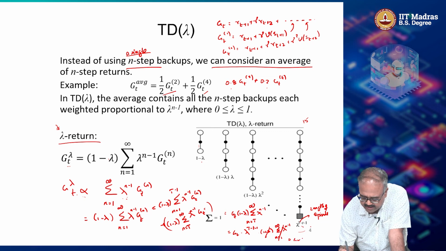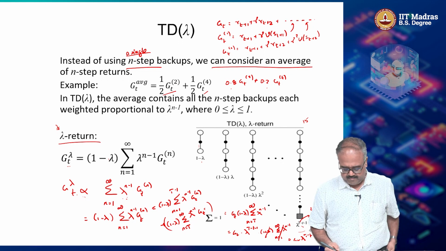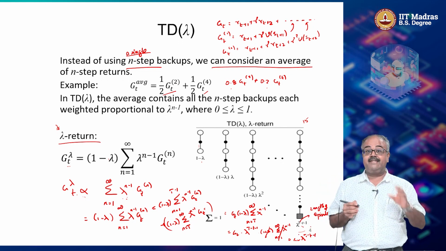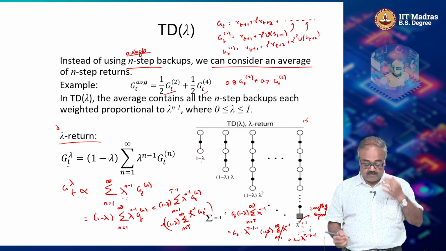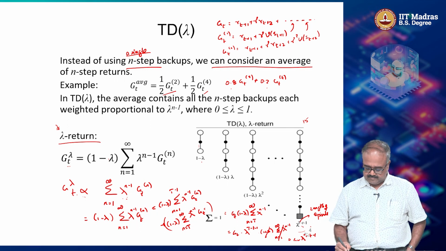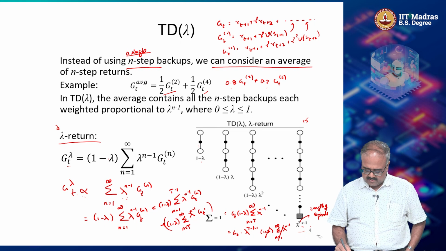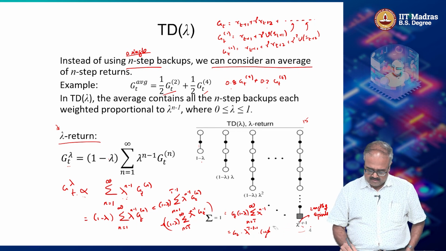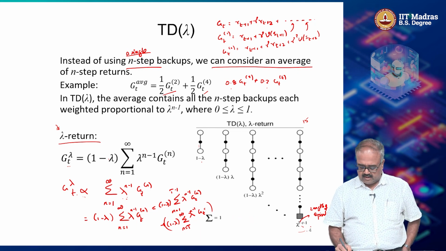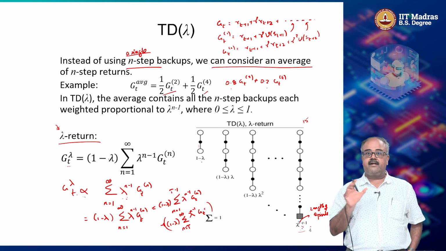So, this is equal to GT into lambda power t minus 1. That basically becomes the weight for GT, the final return. So, that is how we get the final return.